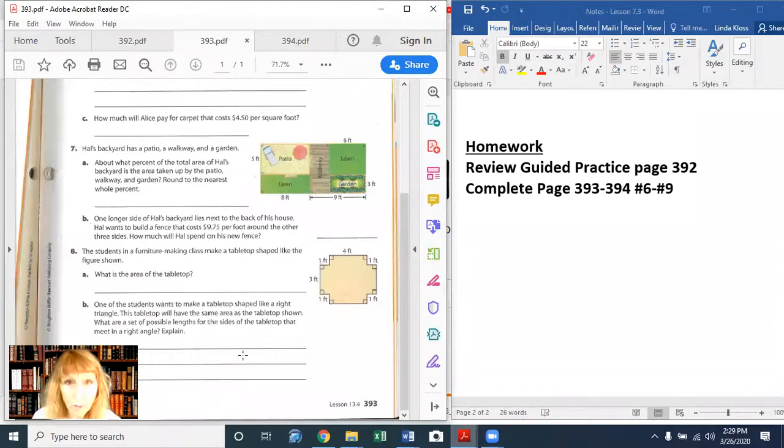Number 8, I wanted to point out to you, you have some missing corners, and they want to know the area of this tabletop.